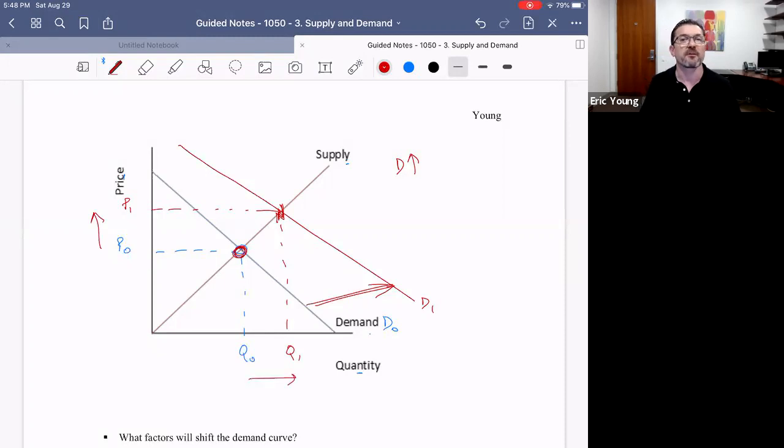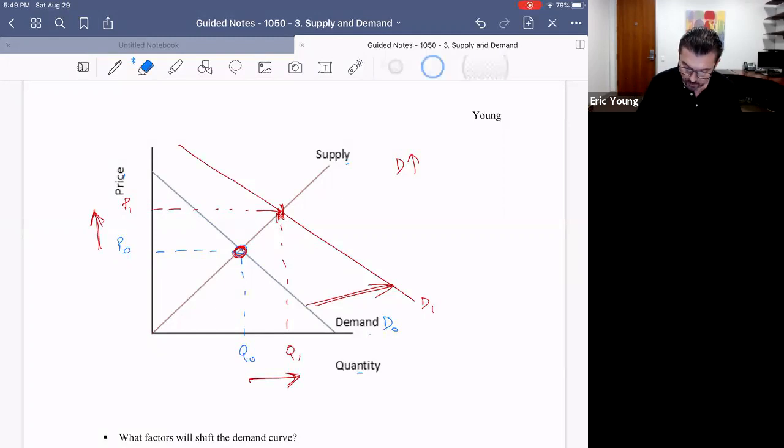What this tells us, my friends, is that if anything happens to increase demand, we can predict that in that market, prices will rise and the equilibrium quantity of output will rise. Okay, that's an increase in demand.